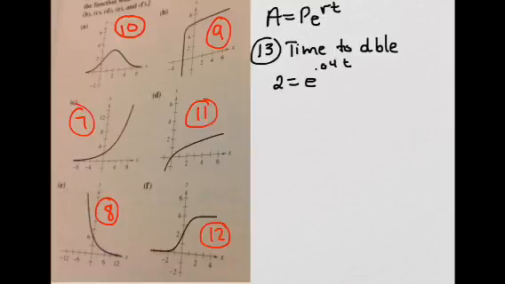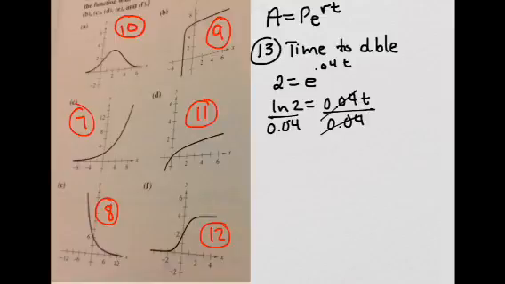You're solving for t. So natural log of 2 equals 0.04t. We're going to divide by 0.04 on both sides. And so plug this into the calculator, and you get t is 17.3. So it's going to take that much time to double the money at 4%.